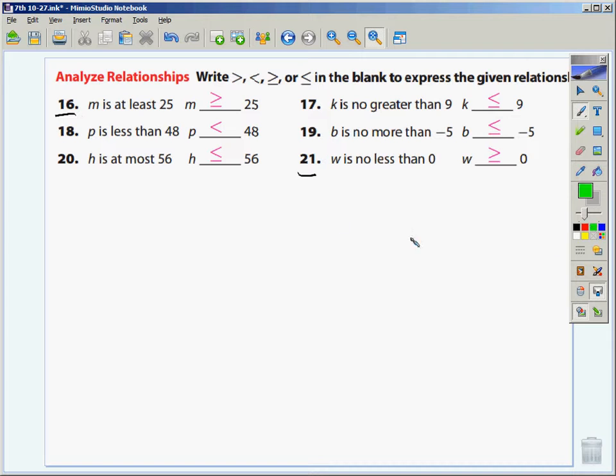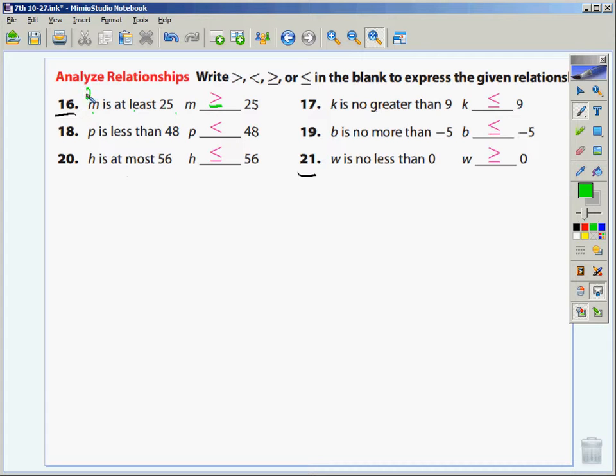When I'm doing this type of problem, I always like to think of numbers that are equal to, above, and below the number they're asking me to compare it to. If I think of equal to first, is 25 at least 25? Yes. So it could be equal, which is why the little equal line is there.